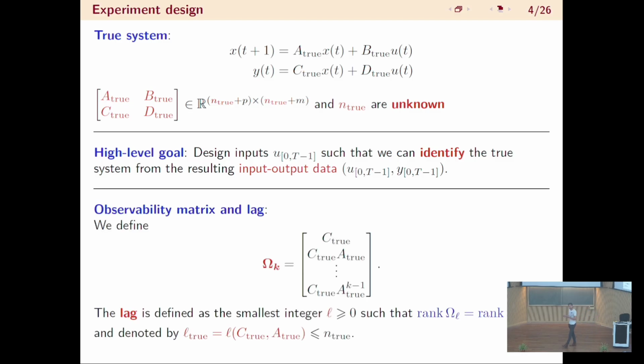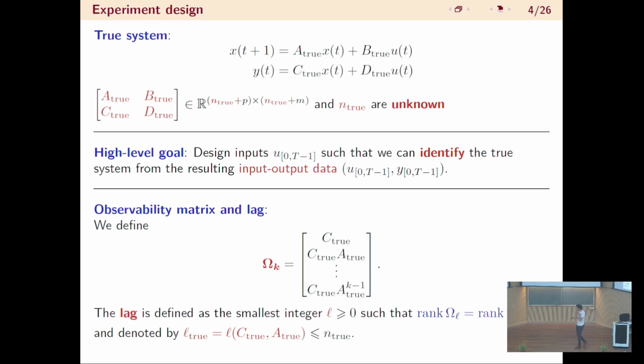Before I can formally state the problem, let me remind you of one thing. Remember that we, as before, considered this observability matrix, Omega_k, containing these matrices C through CA^(k-1).